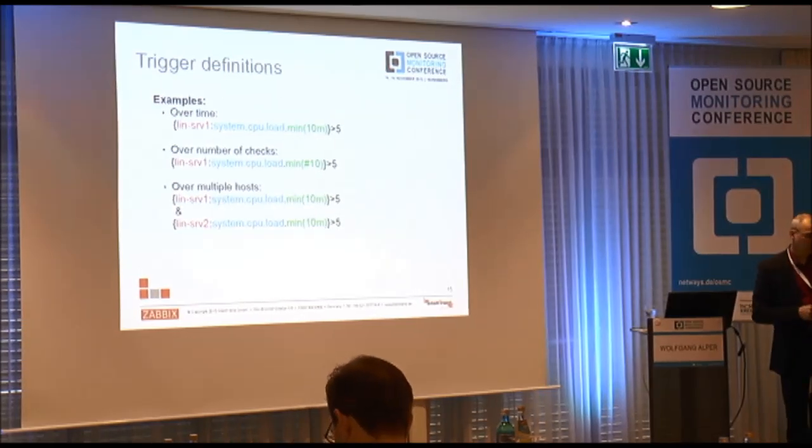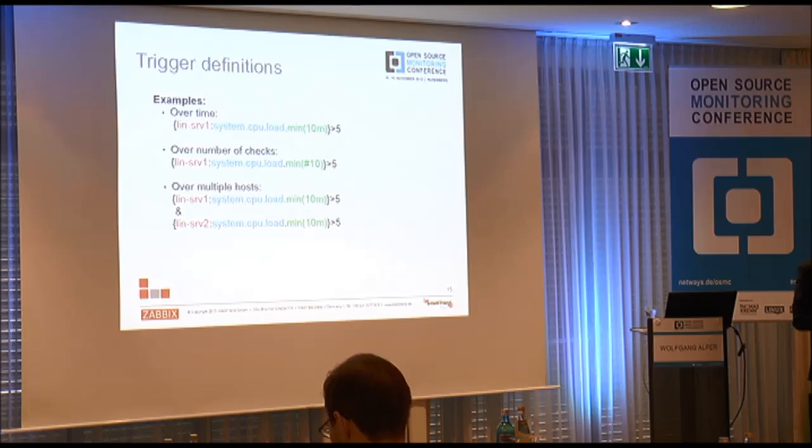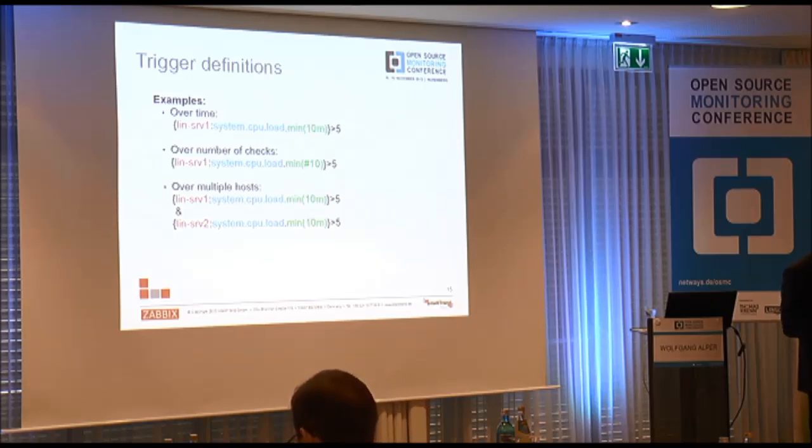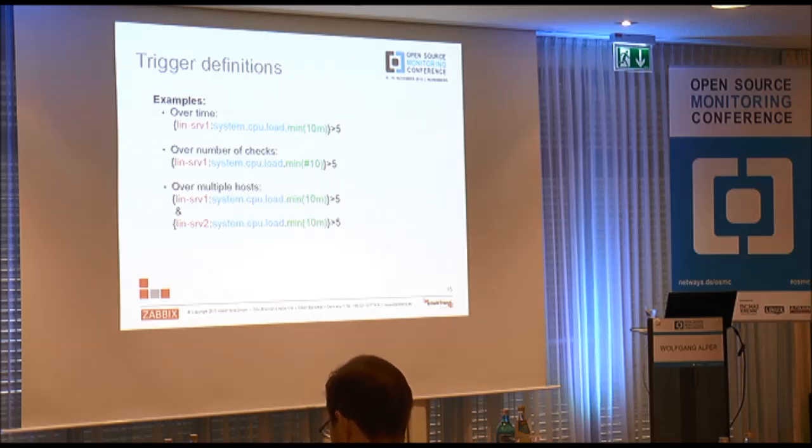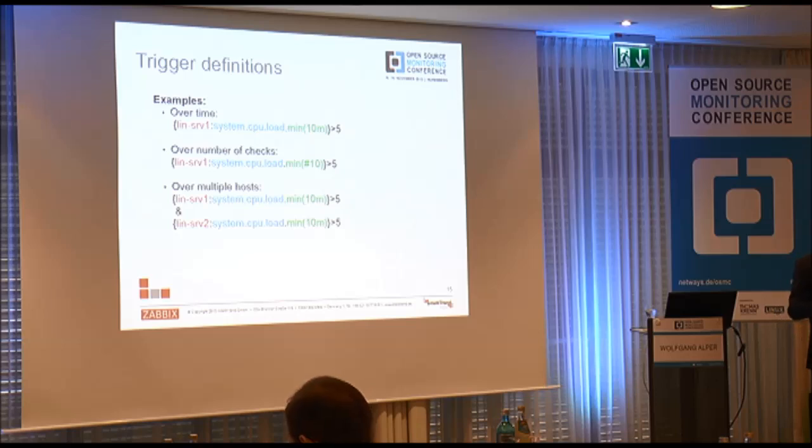Yeah. How does it look technically? I promise not to become that technical in the presentation, except when we move to Zabbix 3.0, then it needs to be a little bit more concrete. But that is how a trigger definition basically looks like. The red thing is the host name. In our case, it is lin server 1, or in the last example, lin server 2. Yeah? Then we have the item itself in blue, so system CPU load is the item. And then we have the trigger function that we apply.